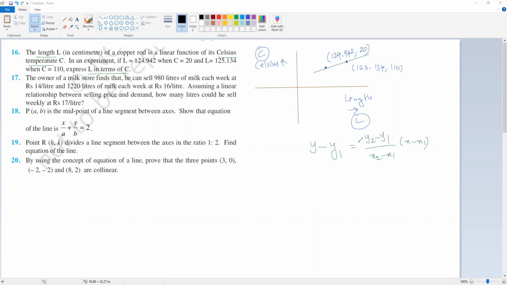Correct. So you can take a general point, any general point.